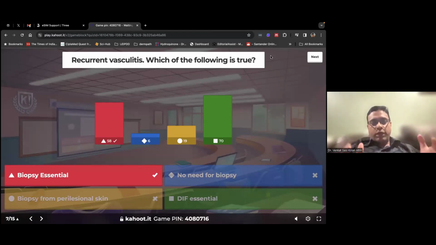Now, why have I put perilesional skin repeatedly? If it's an ulcer, for example, if you're not talking about vasculitis at all, if you take a biopsy from a venous ulcer or something, and you take a biopsy from the ulcer itself, within the ulcer, there's lots of inflammation. And I mentioned earlier, there is secondary vasculitis whenever there is an inflammatory process. So in an ulcer, which has nothing to do with vasculitis, just underneath the erosion, there is often vasculopathy.